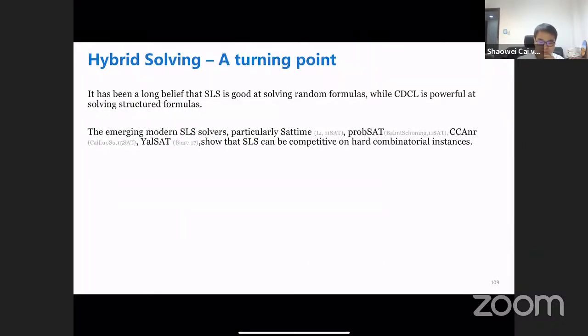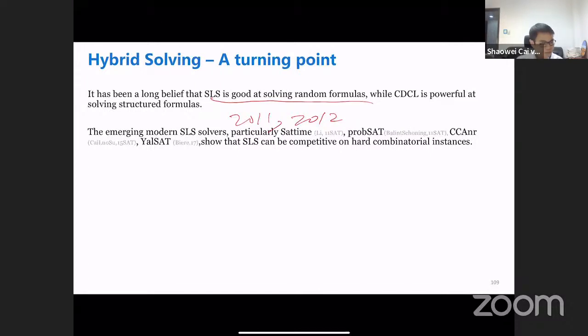A turning point in hybrid solving, personally, I believe happened in about 2011 or 2012. Before that, it had long been believed that local search is only good at solving random formulas, and CDCL is powerful at solving structured, especially industrial, formulas.